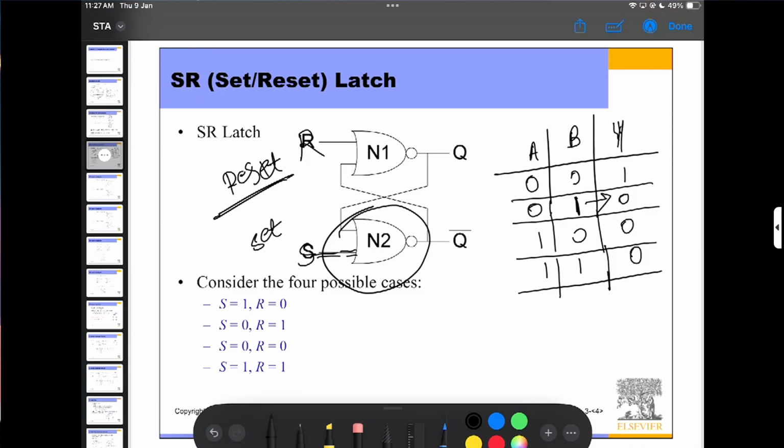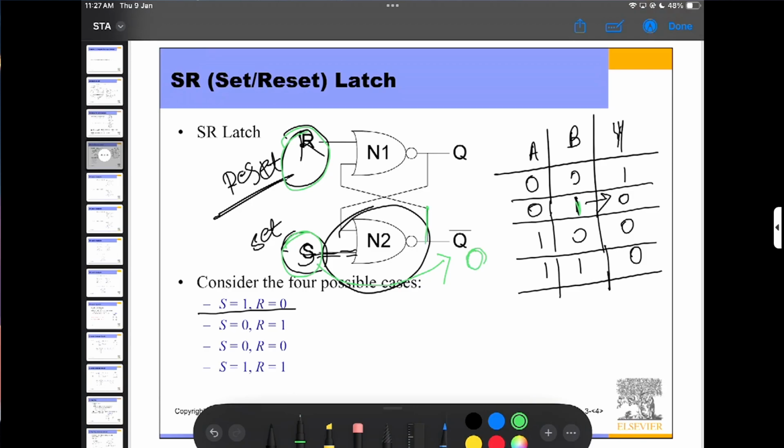So here we check, suppose S is 1 and R is 0. If one of my inputs is 1, then my output is 0.